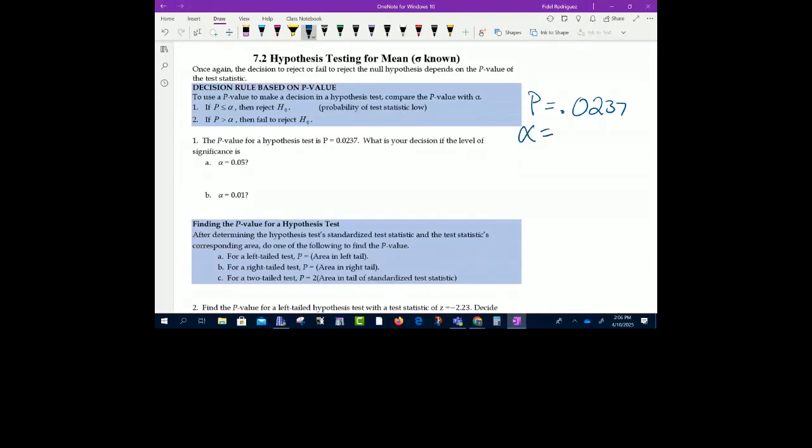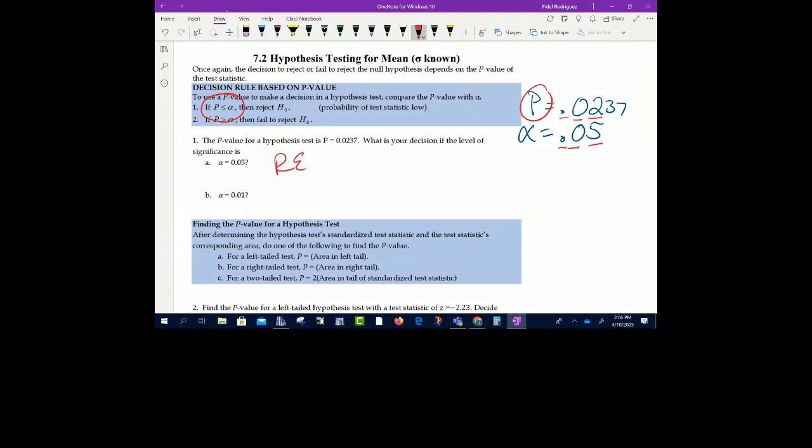Alpha in the first case is 0.05. Now, we want to know, is P smaller or bigger than alpha? When you're doing something like this, I usually line them up, putting the decimal 0.0237 and then the alpha 0.05. Here's the decimal, they're the same. The zeros are the same. Which number is smaller, 2 or 5? 2. So P is smaller than or equal to alpha.